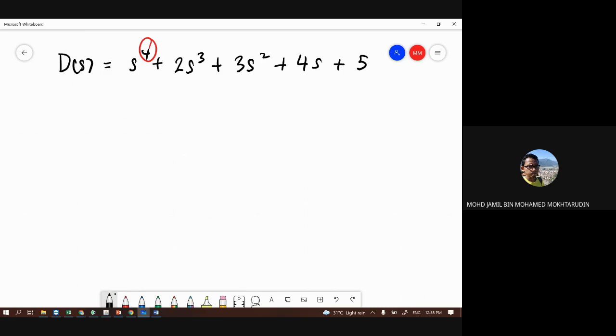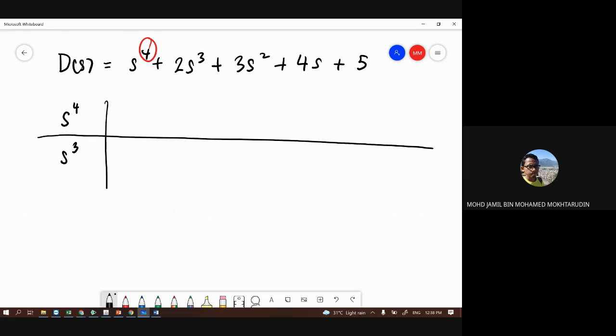So we start our table with s to the power of 4, then s to the power of 3, then s squared, and so on.